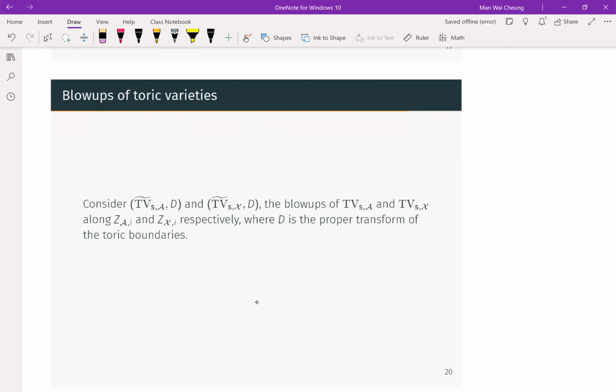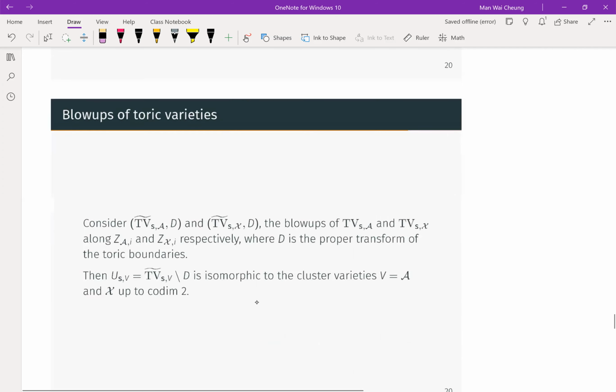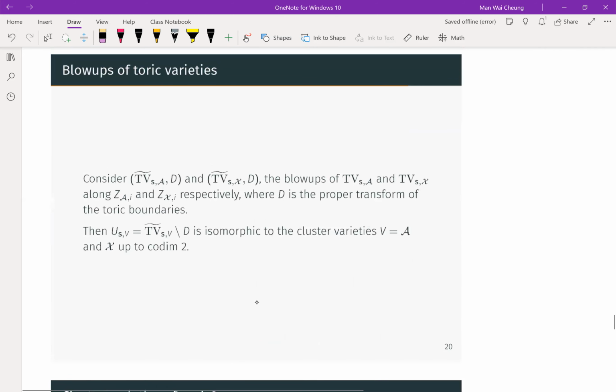So formally we have the toric variety associated to both of the varieties A and X, coming from the A and X fans. And then we look at the open piece of it. The one thing here is that even though we define the cluster variety, the idea in mind is still multivariate from cluster algebra.